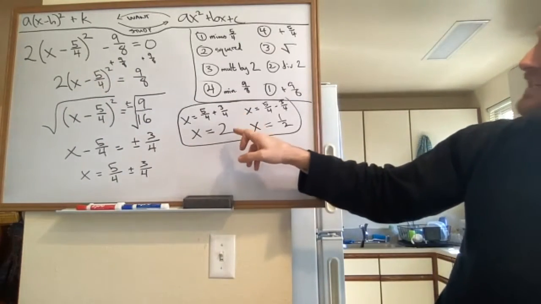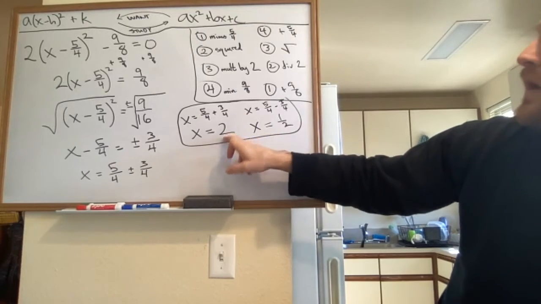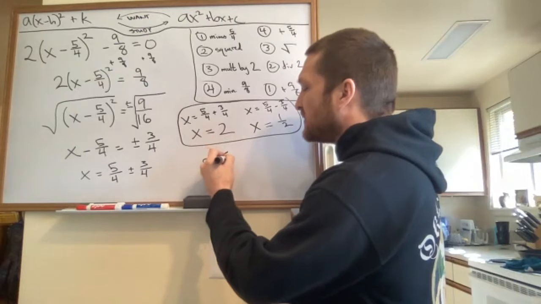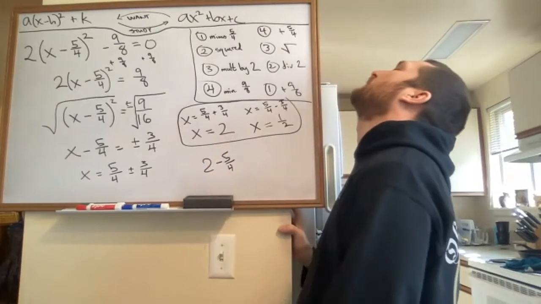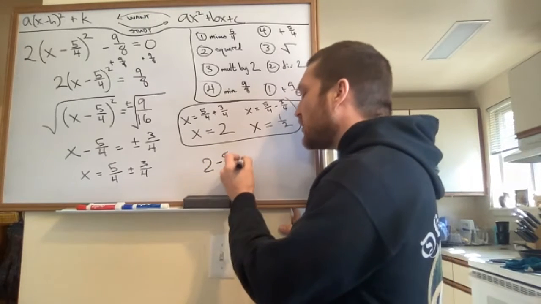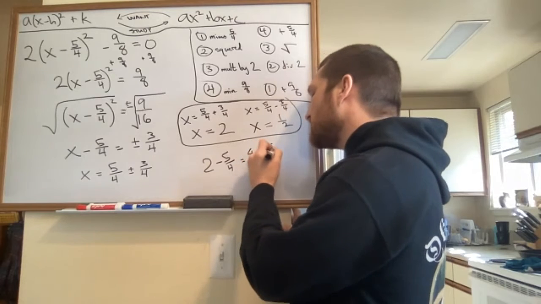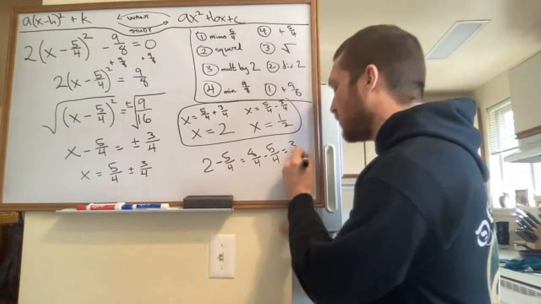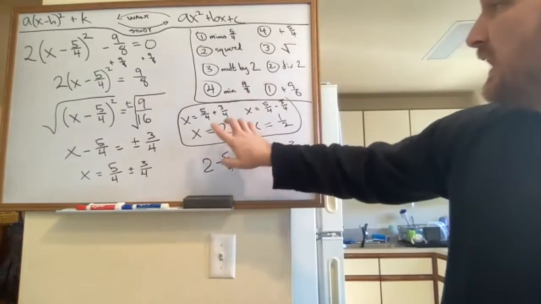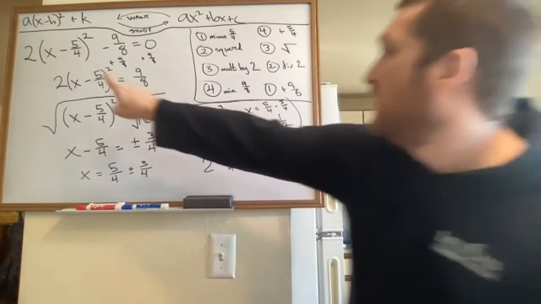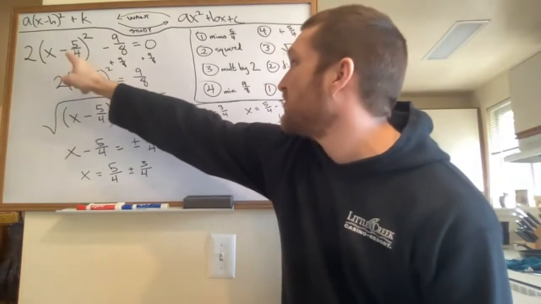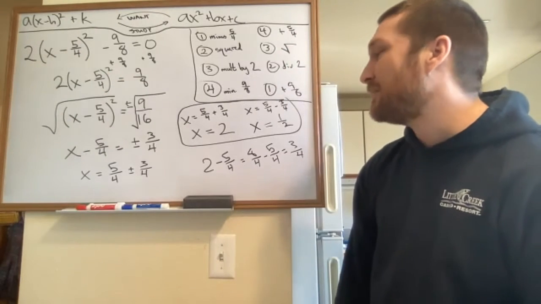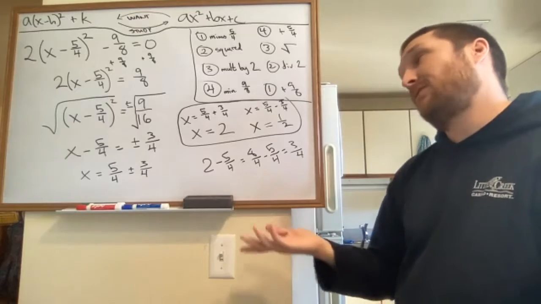If I plugged in 2, I would have to go 2 minus 5 quarters, which is 8 quarters minus 5 quarters, which is 3 quarters. Or if you plugged it in like this, you'd have 5 quarters plus 3 quarters minus 5 quarters. That would be a lot easier, and you would just get right to 3 quarters.